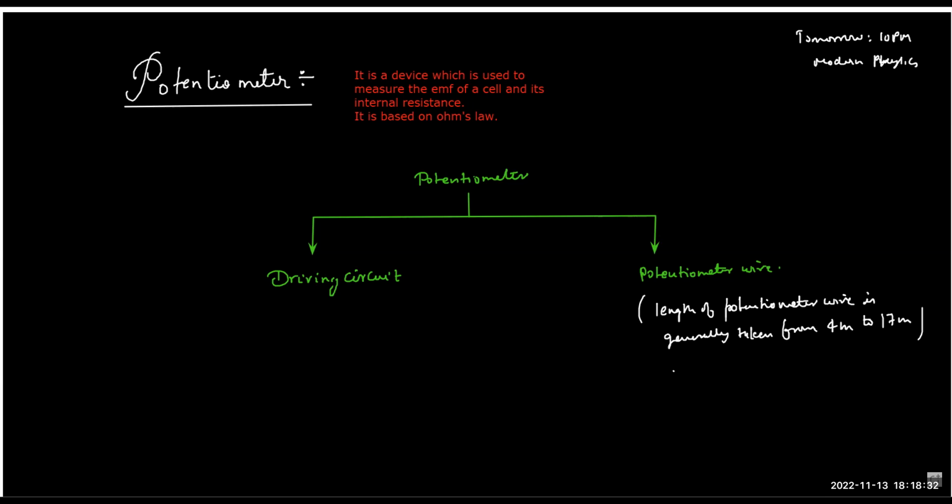So we have some metallic strip where you draw the wire. Then you can keep this length up to either 1 meter or 2 meter, again, depending on the bench size. Like in my college, when I was pursuing, it was 2 meter long. In a school lab, I have seen it's 1 meter itself.